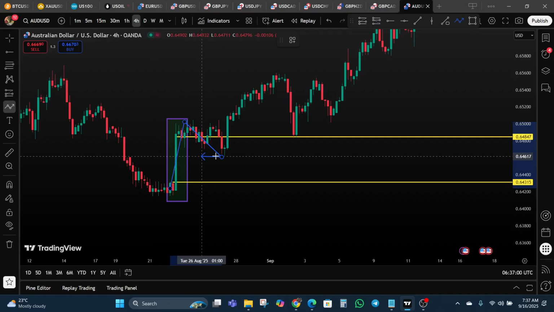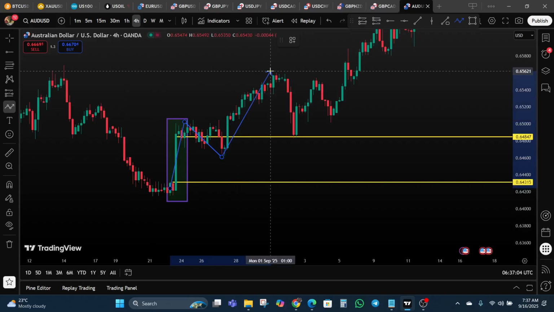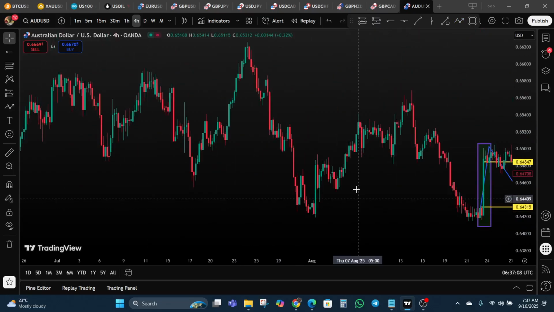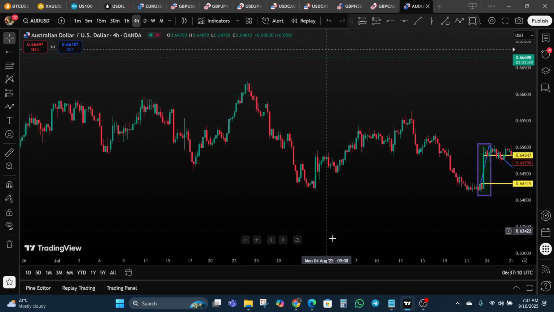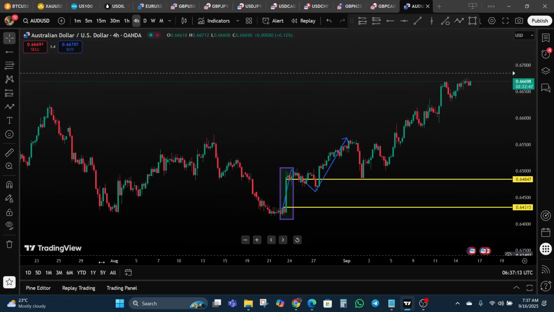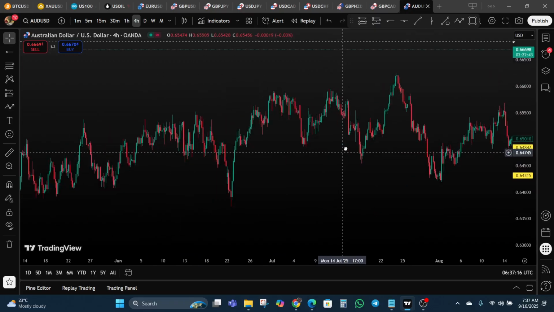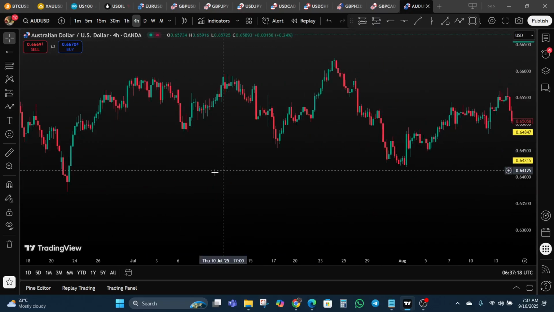It didn't exactly fill the imbalance. Now, let's find another example where the imbalance was completely filled. There are going to be a lot of examples, because imbalance is something that happens all the time.